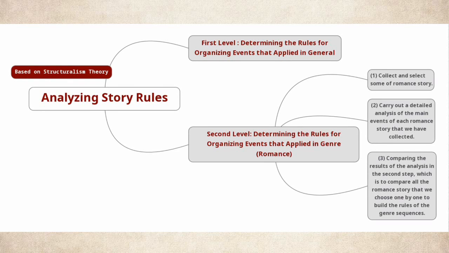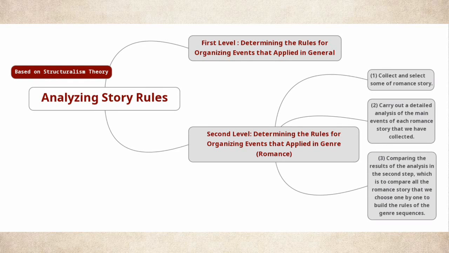The sequence in question is the rule for the sequence of events in the story. By being aware of the sequence rule, we can understand why an event is chosen and how one event is connected with another. We can also compare stories with one another, to see to what extent a story obeys these rules or deviates from them.